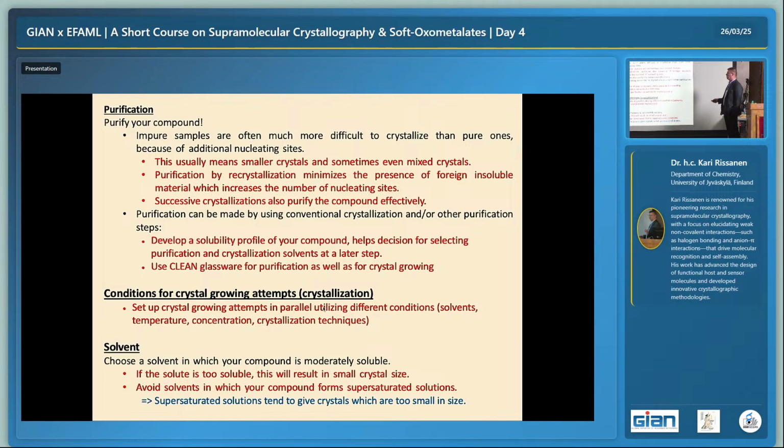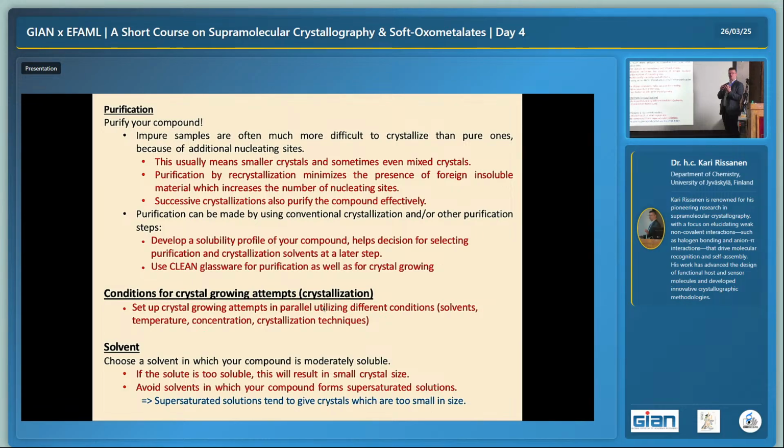But the point is, what is very important, or very helpful, is to develop a solubility profile. The solubility profile is a very simple thing. It's just information on in which solvent your compound is completely soluble, where it's not soluble at all, and where it's intermediately soluble.